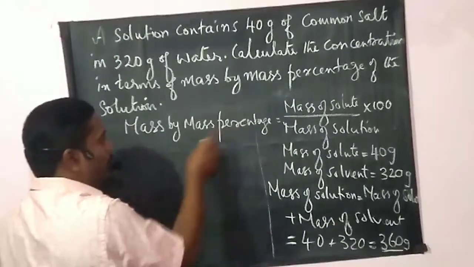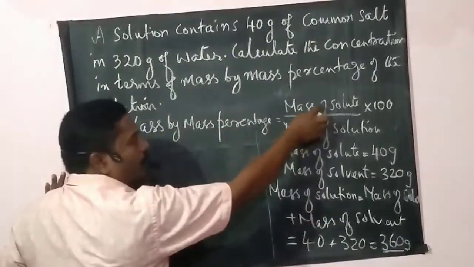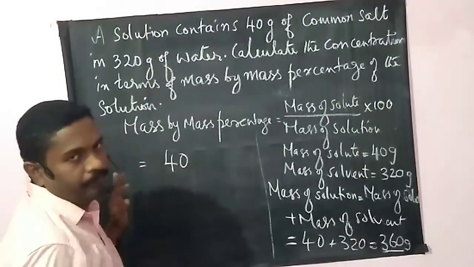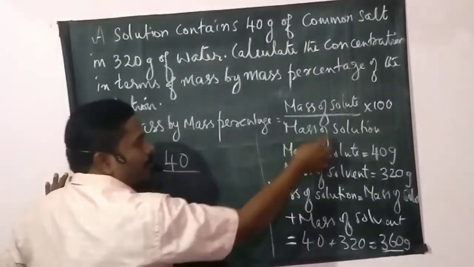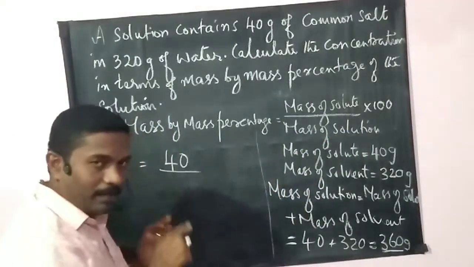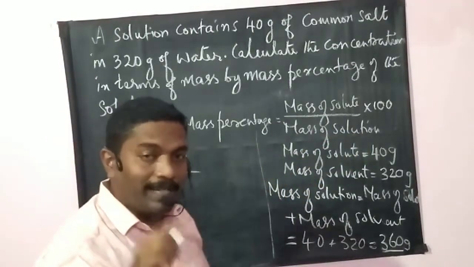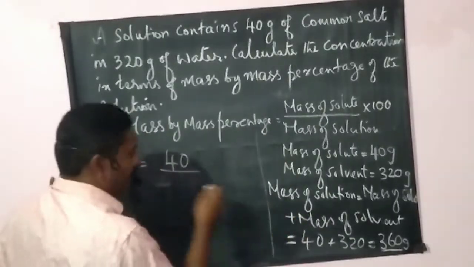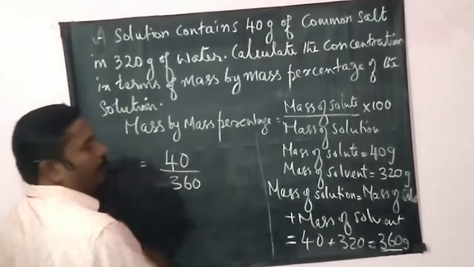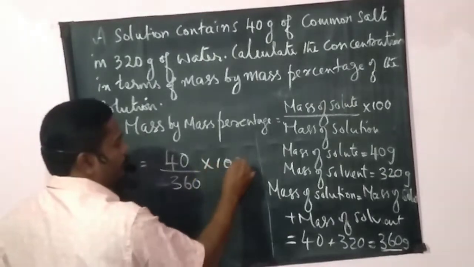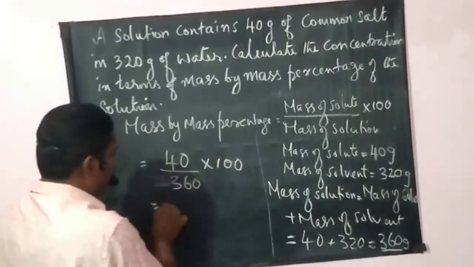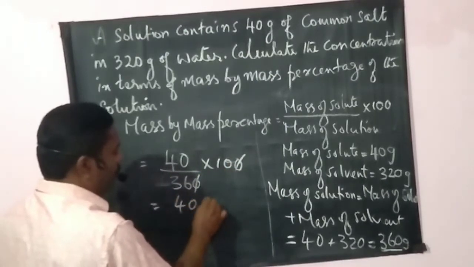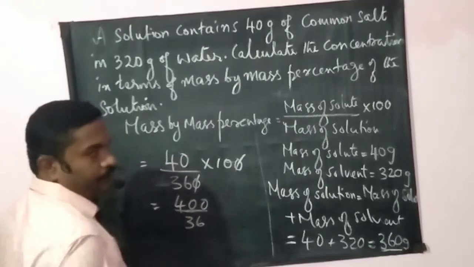So mass by mass percentage is equal to mass of solute, it is 40 gram, okay, divided by mass of solution. It is obtained by adding mass of solute and mass of solvent. Okay, so 40 plus 320, it becomes 360 into 100. So by simplifying, it becomes 400 by 36.